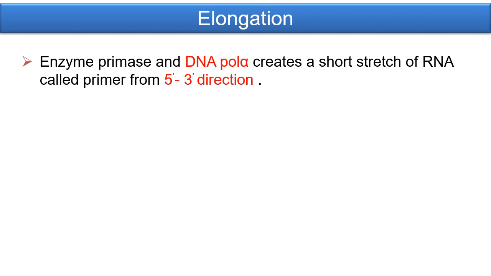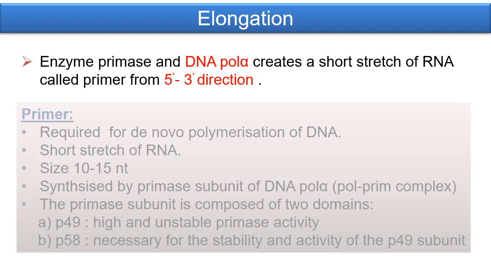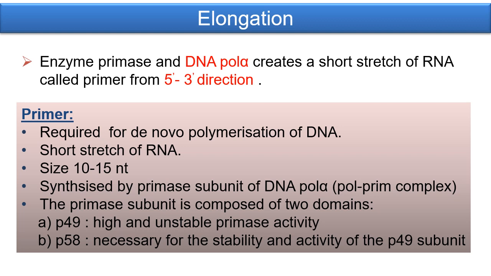As DNA polymerase enzyme can add bases only from 5' to 3' direction, the primer must be in 5' to 3' direction. Here I am providing some information regarding primer. As I have already told, primer is required for de novo polymerization of DNA, and it is a short stretch of RNA of about 10 to 15 nucleotides.